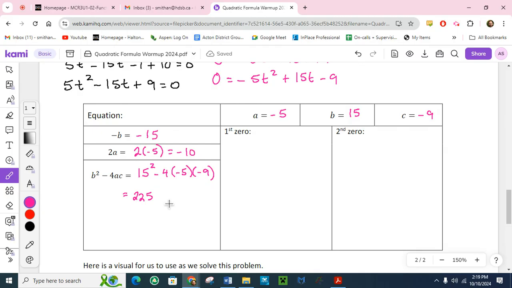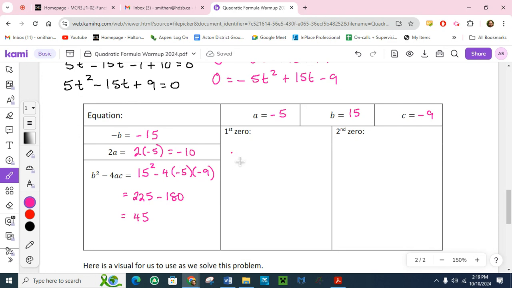And negative, negative, negative, that'll be subtracting, and then 20 times 9, I think it's 180. So it should be 45. Because it's negative times negative times negative, so we'll be subtracting. I think that's good. All right, I'll let you guys finish it off.